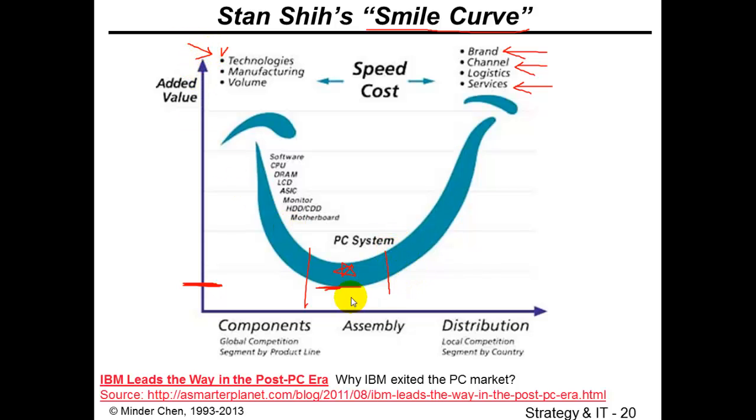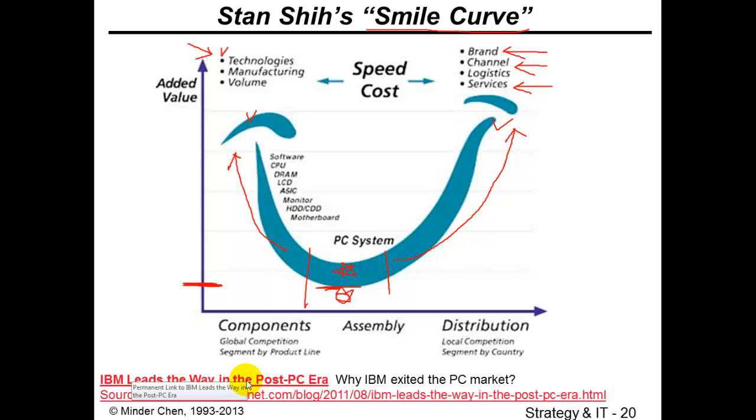So companies that are mainly doing assembling probably want to move to the corners here in terms of sales, marketing, branding, or have their own R&D capability to develop unique technology.